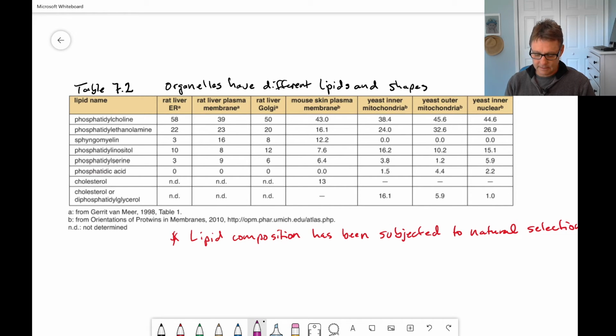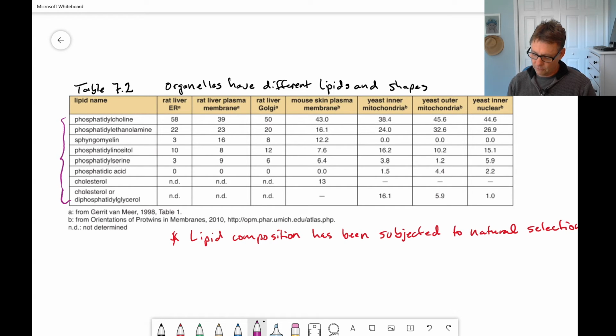And then these things here are all of the different kinds of substances that make up membrane composition. So like sphingomyelin over here, this you'll find in some membranes. So if we look at sphingomyelin, you find it in the rat liver, the plasma membrane of the ER, endoplasmic reticulum, or the liver plasma membrane, so forth and so on, in the skin.